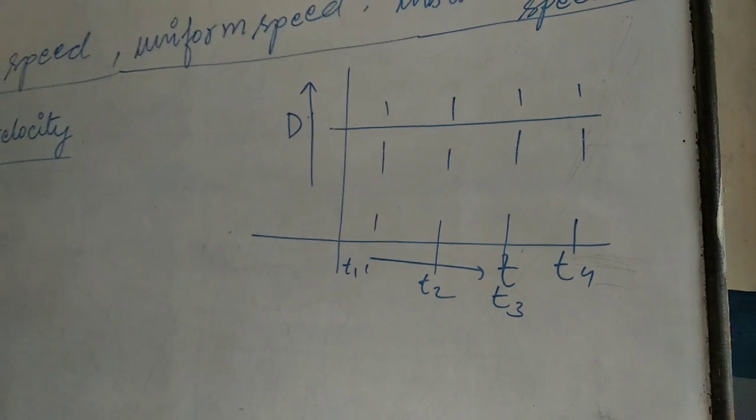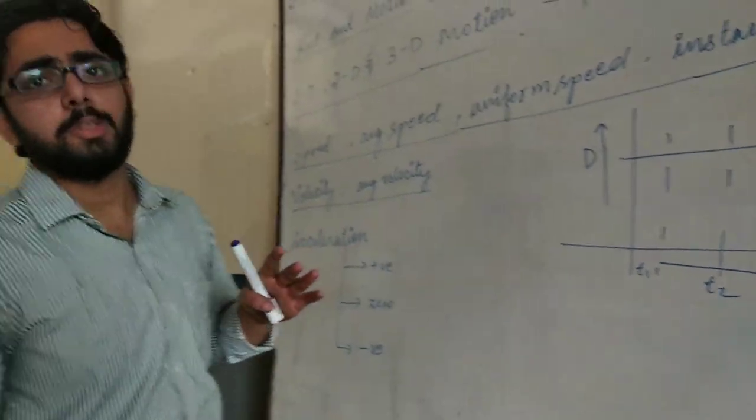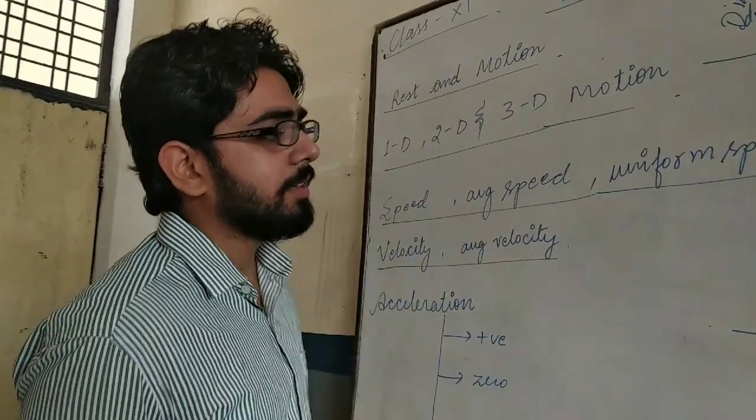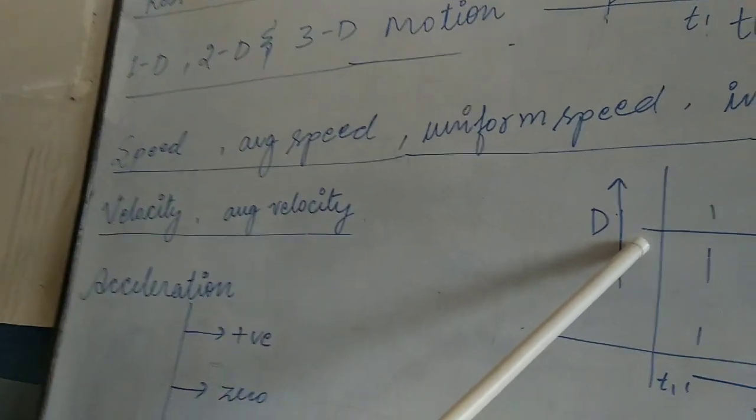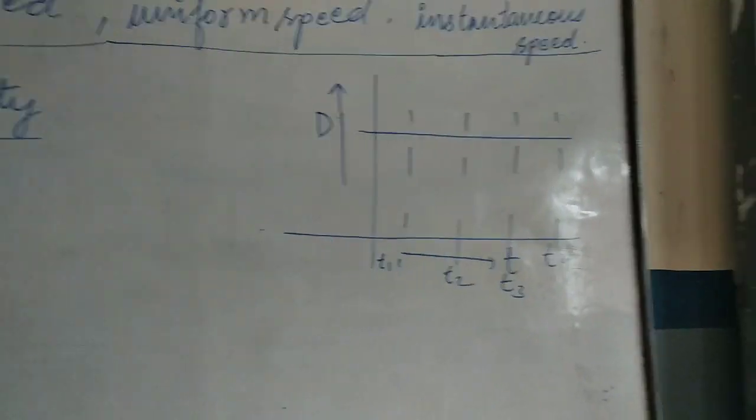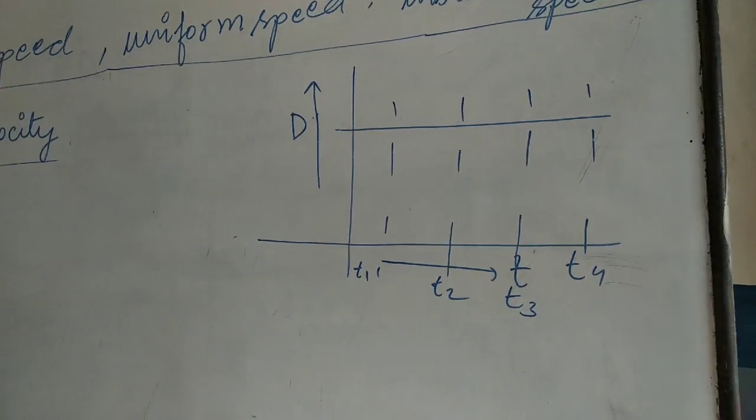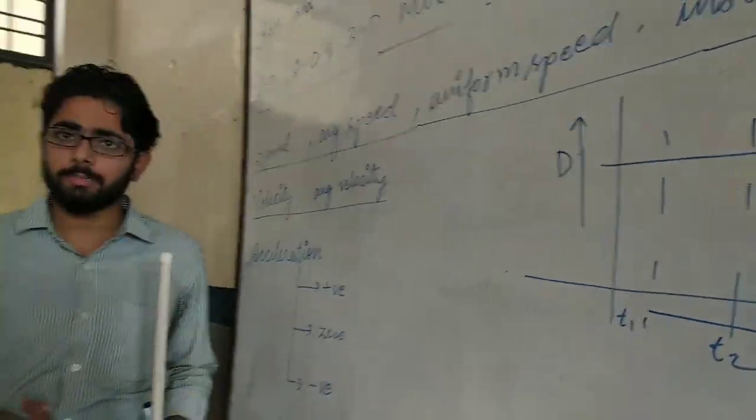Distance always increases. It's different from displacement. We will discuss it later. So that object or person is at rest. So this is rest and motion. Both terms are relative to each other.